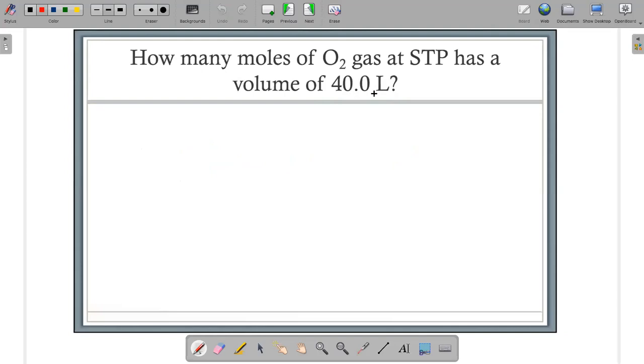If you want to go from liters to moles, say 40 liters, to convert to moles, every 1 mole has a volume of 22.4 liters. With every conversion factor we've ever used, whatever unit you begin with is the unit in the denominator of the conversion factor. So now it's 40 divided by 22.4.